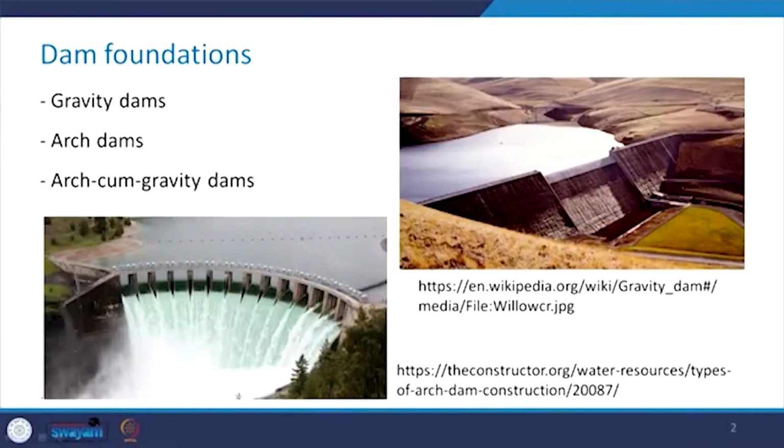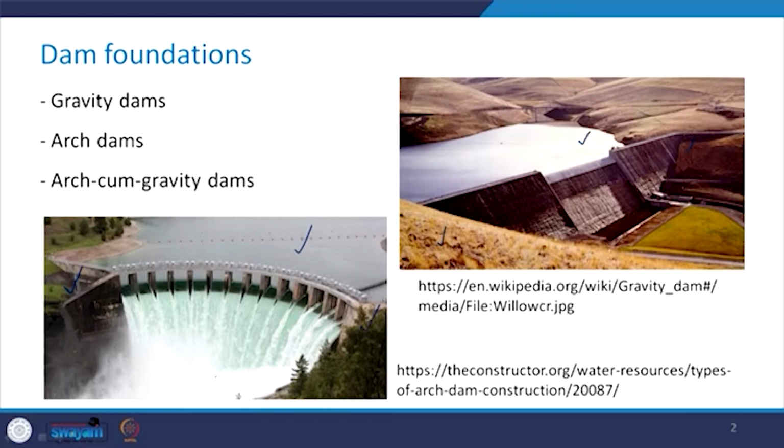Here I have put two pictures. This picture gives you the idea of how the gravity dam looks, and this one corresponds to arch dams. You can see here that the foundation is there on the abutments of the dam. In this case it is this side and this side.